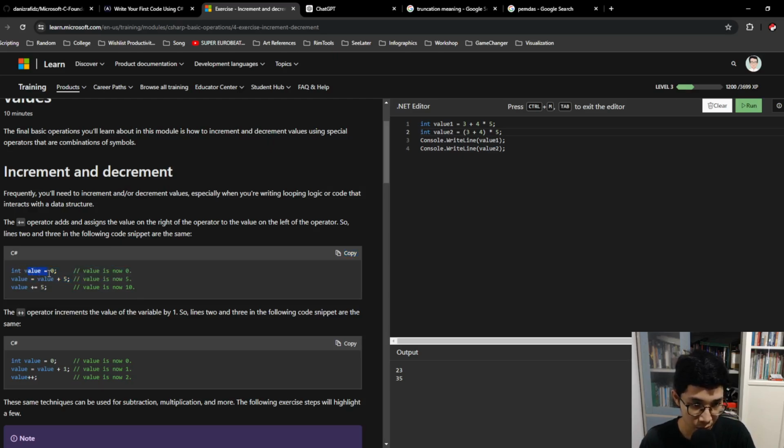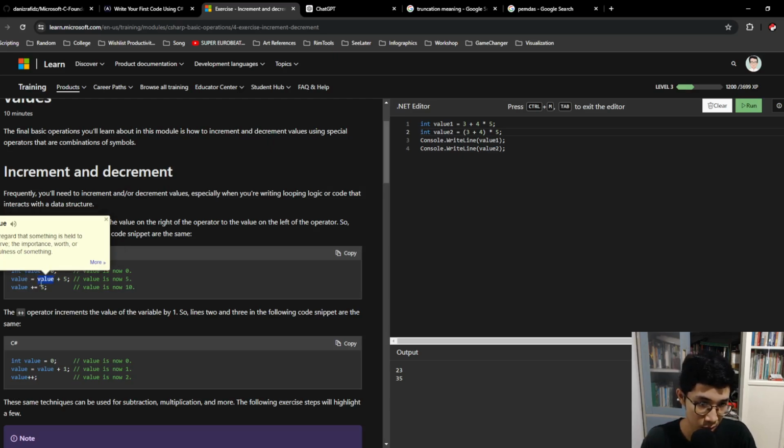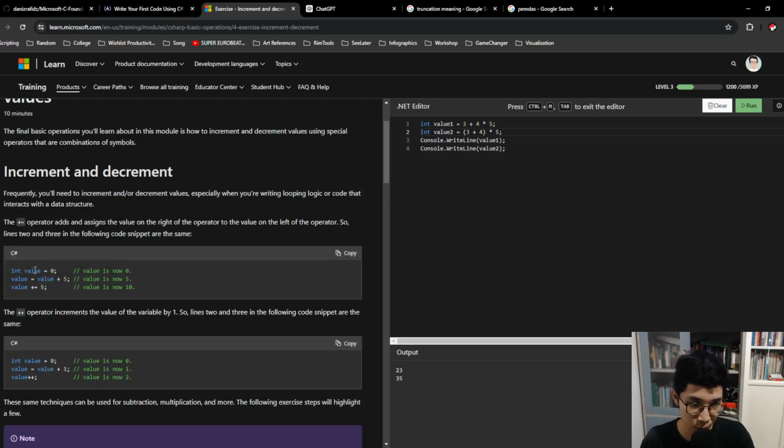The integer value is equal to 0, and this value is assigned to the left. The value here is equal to 0, so 0 plus 5 is equal to 5. So the variable value is set to 5 right now. The value is now 5.